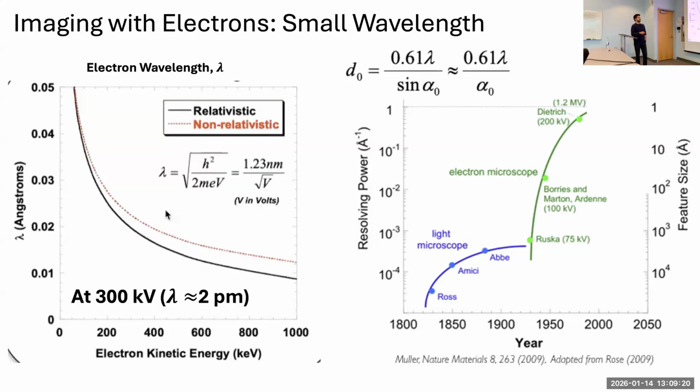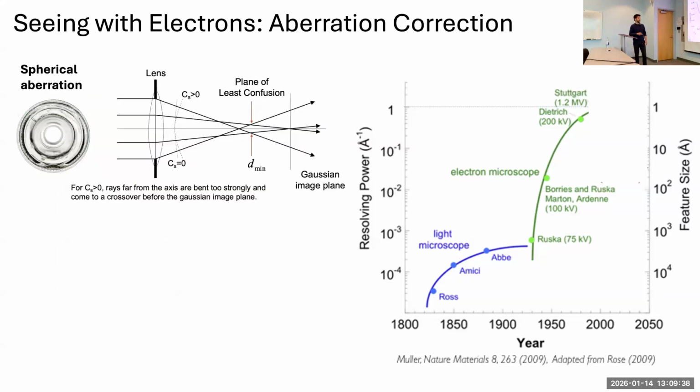The hope was to break into this 1 angstrom regime, because 1 angstrom is considered the minimum you need to resolve bond lengths in atomic structures. However, you'll note that this lambda is quite small, yet we're not able to resolve small features. That's because, in addition to the wavelength, the electromagnetic lenses, these round magnetic lenses that we use to focus the electrons and shape the electron beam, have aberrations.